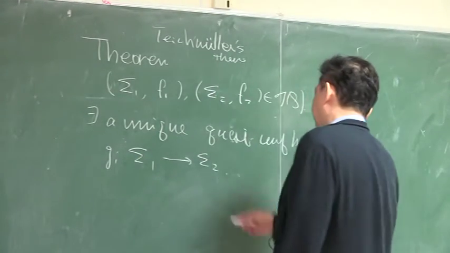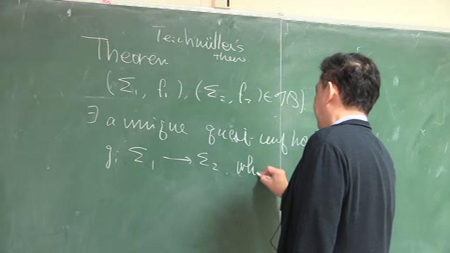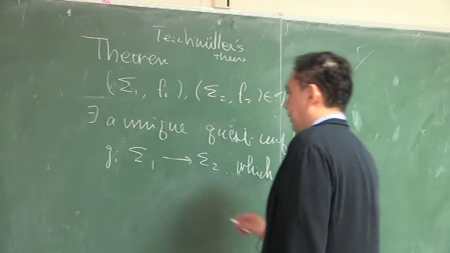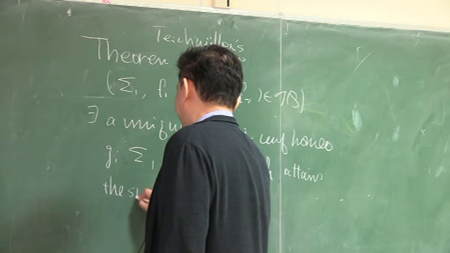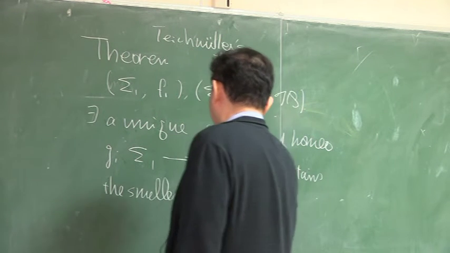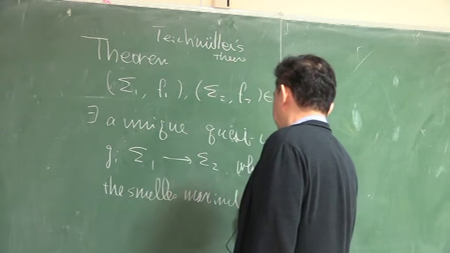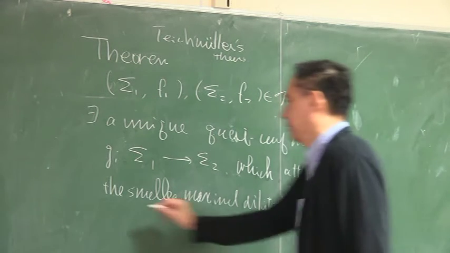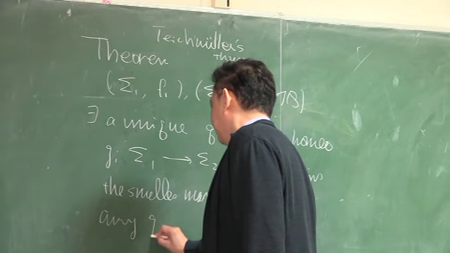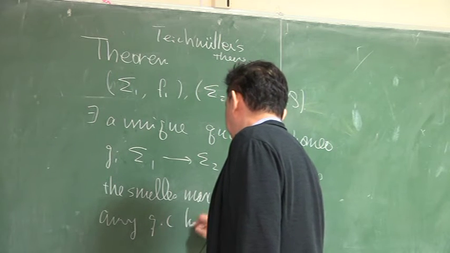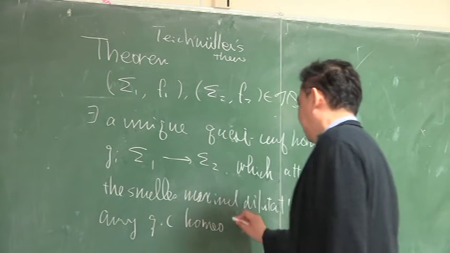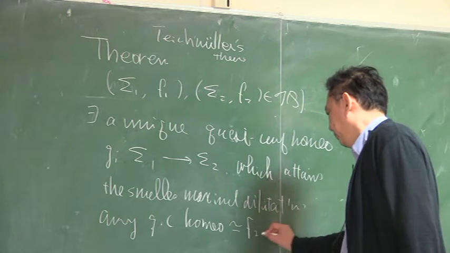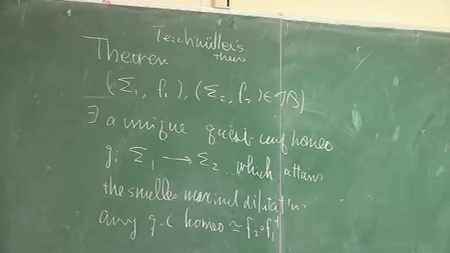Which attains the smallest maximal dilatation among quasi-conformal homeomorphisms homotopic to F2, F1 inverse.